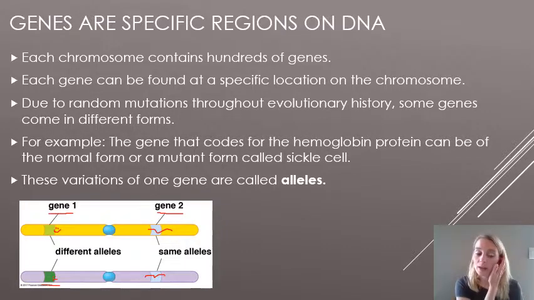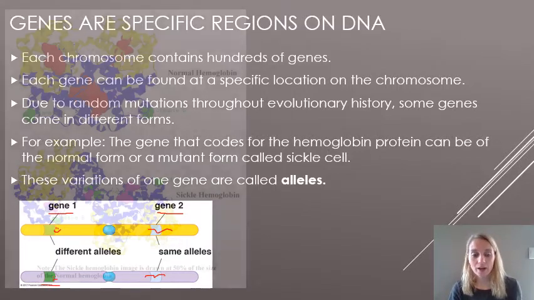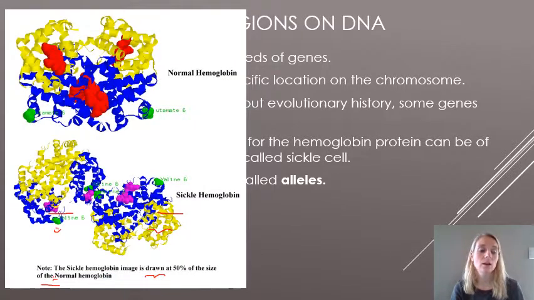Okay, I have the example here of sickle cell. Hemoglobin. So hemoglobin is a protein. So you could have a gene that codes for your hemoglobin normal and it carries oxygen just fine. But some people have a mutated form of that gene. It's a different allele. We have the normal hemoglobin and the mutant sickle cell. Now I actually have the picture of that right here. It's a protein, right? So we see the alpha helices and kind of this big blob of amino acids folded in a particular way.